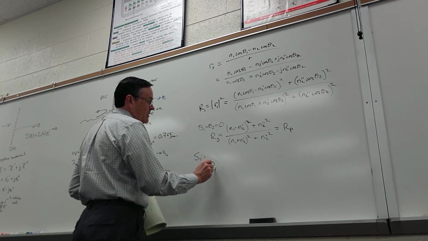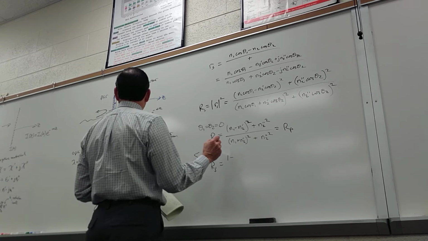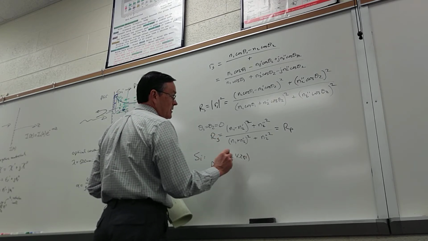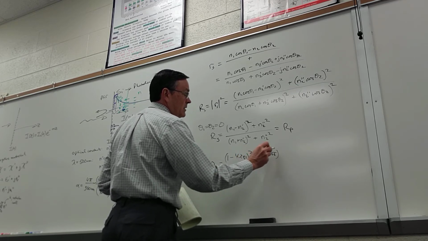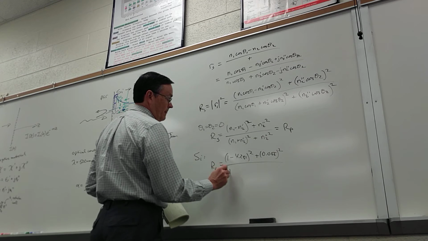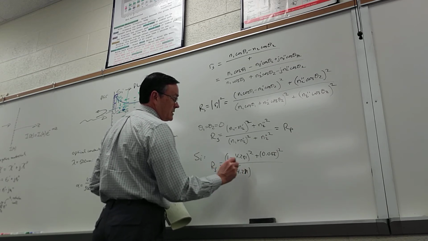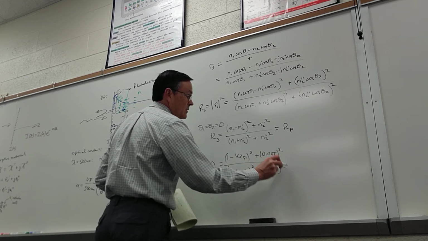We end up with Rs is equal to 1 minus 4.281 quantity squared plus 0.055 quantity squared over 1 plus 4.281 quantity squared plus 0.055 quantity squared.